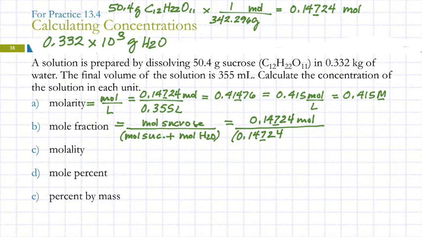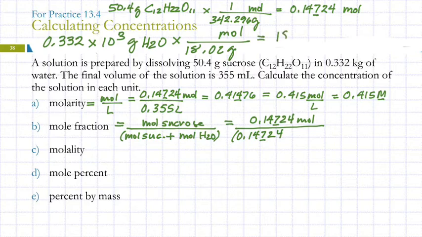And that's not proper scientific notation, but your calculator doesn't care. So there's grams of water, and then it's the same idea as we did with the sucrose. I need to convert this to moles. I need the molar mass of water, which is 18.02. So 0.332 times 10 to the third divided by 18.02.